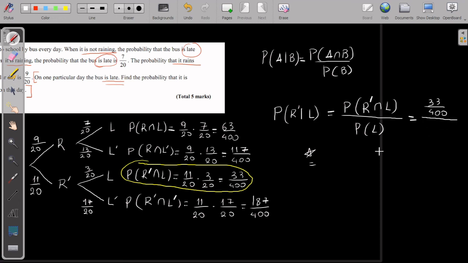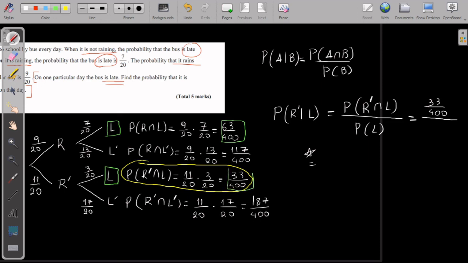Now the probability of being late: I have two branches that give me the probability of being late. This branch of being late, and this branch also of being late.